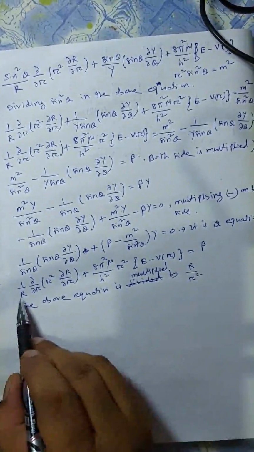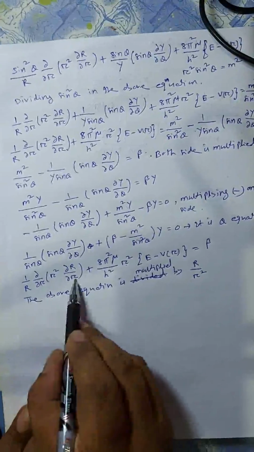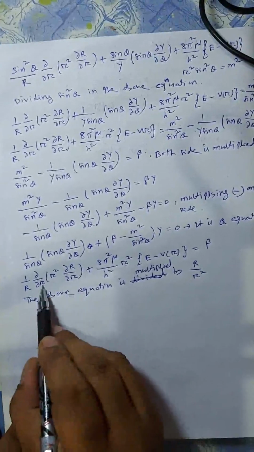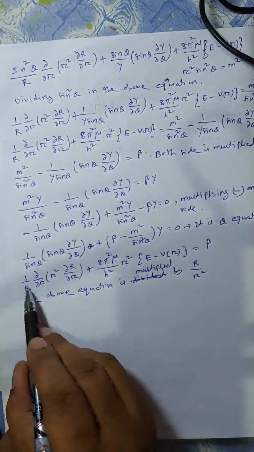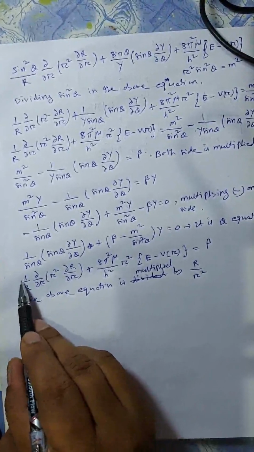Why? Here is capital R, but all our variables are small r. So we have to remove this one, so we have to multiply with R.